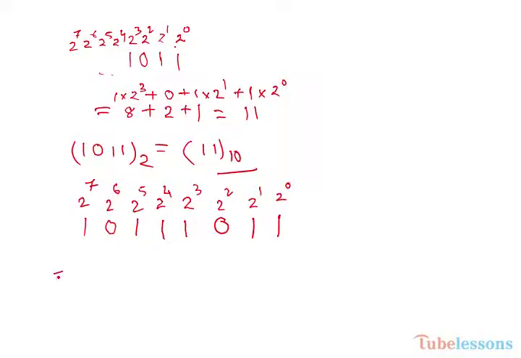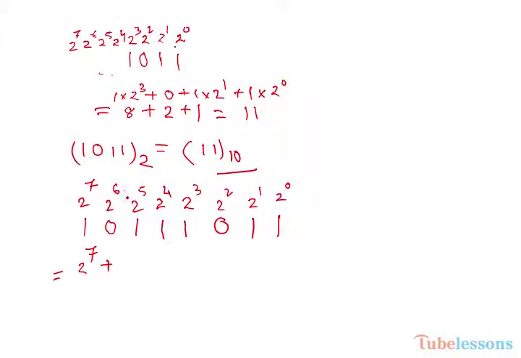Now 1 times 2 to the power 7, plus this should be 0.